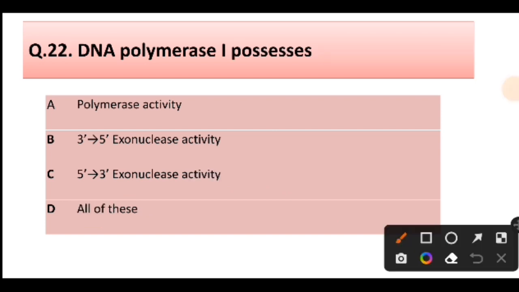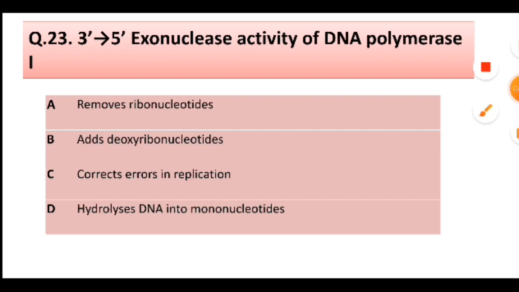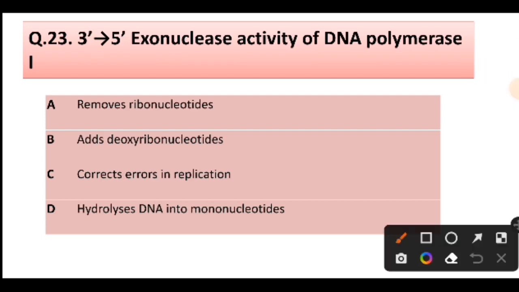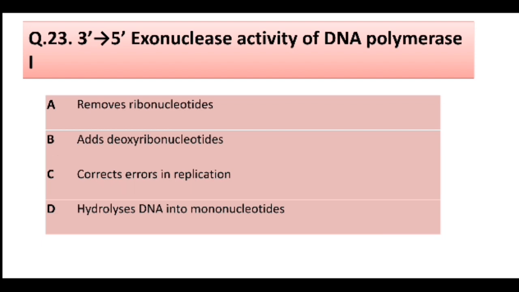DNA polymerase 1 possesses polymerase activity, 3 to 5 exonuclease activity, 5 to 3 exonuclease activity, all of these. Correct answer is option D, all of these. Question 23. 3 to 5 exonuclease activity of DNA polymerase 1 is to remove ribonucleotides, add deoxyribonucleotides, correct errors in replication, hydrolyze DNA into mononucleotides. Correct answer is option C, correct errors in replication.